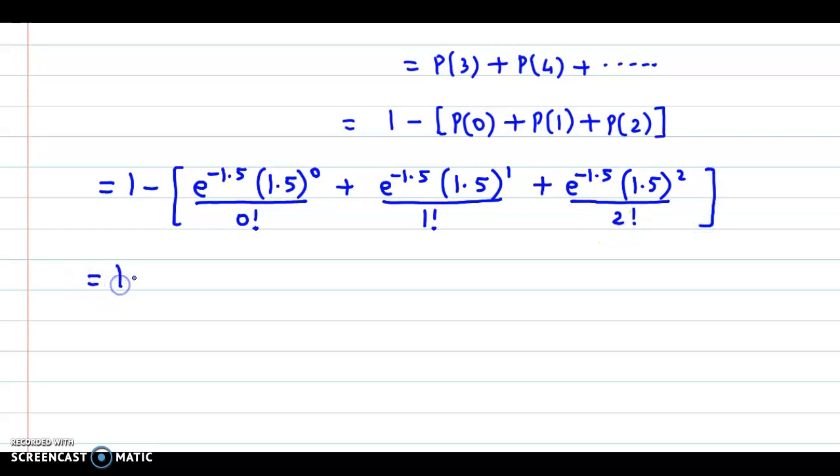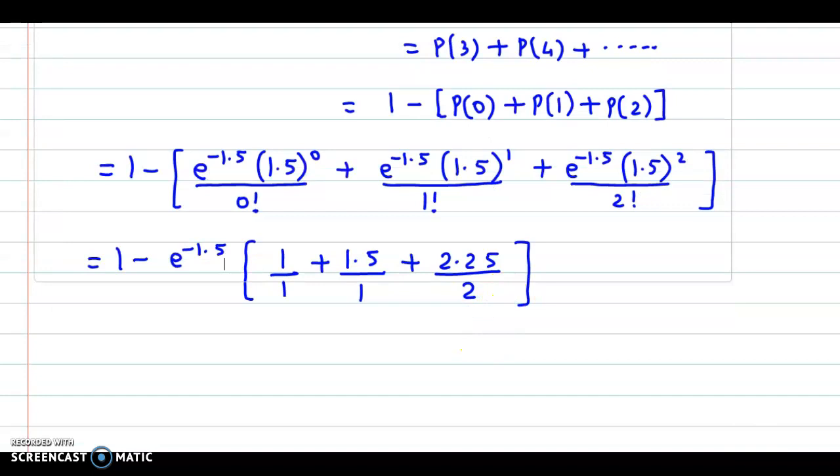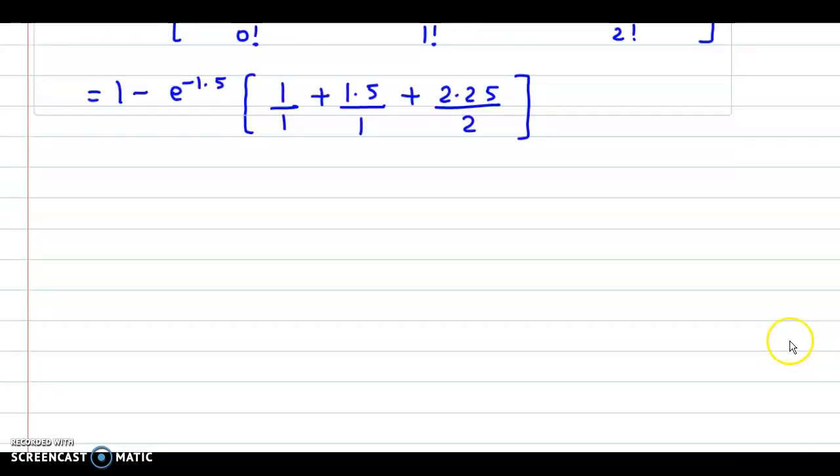Now we could take e raised to minus 1.5 as a common factor. Now 1.5 raised to 0 is 1, 0 factorial is 1, plus 1.5. Now 1 factorial is 1. 1.5 square is 2.25. 2 factorial is 2. So let us simplify this and let's see what we get.